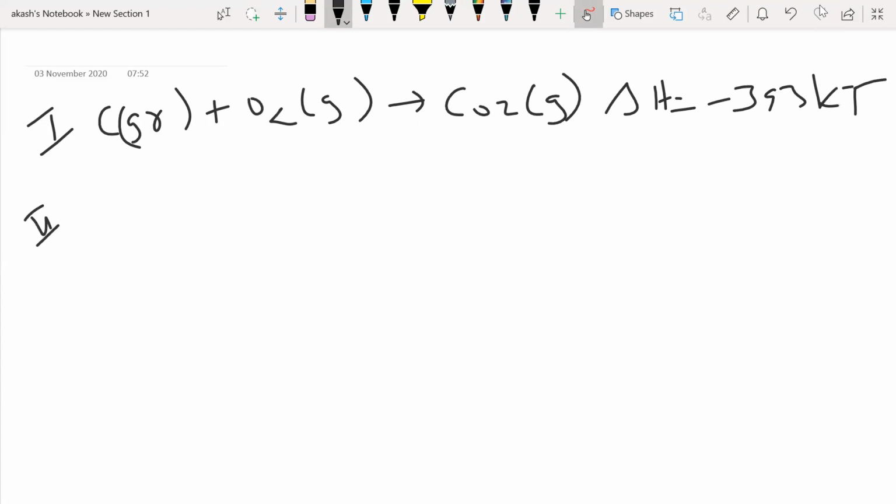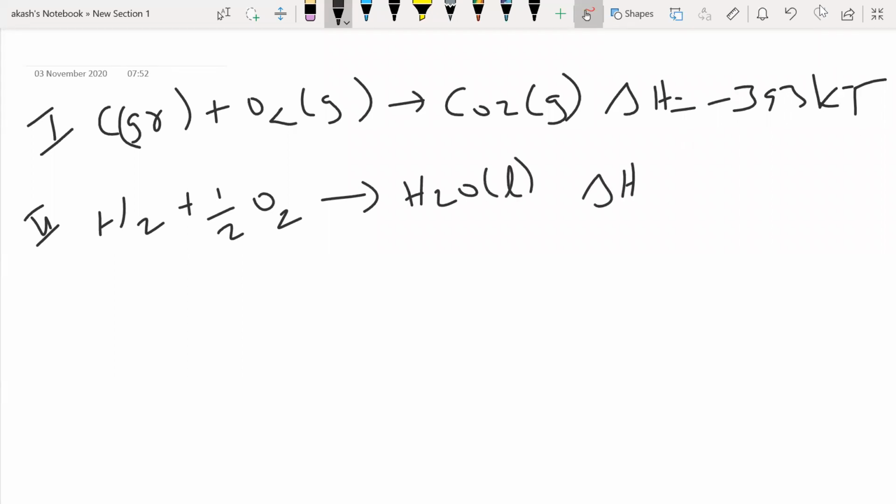Second reaction: H2 plus half O2 gives H2O liquid. They have given the enthalpy for this reaction as minus 286 kilojoules.